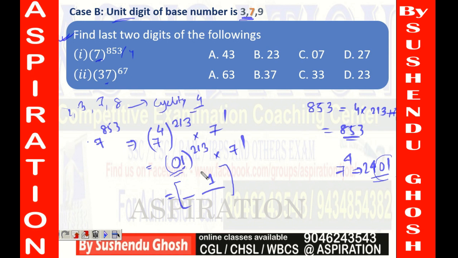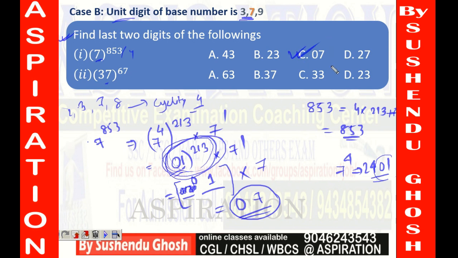Now what will be the 10th digit of this number? We have to multiply 0 into 213, and we have to take only the unit digit, and what will be the unit digit? 0. So the last two digits of this whole number is 01. Then we are multiplying this number with 7, which will give you 07 as the last two digits of the complete number. So the last two digits of this number is 07. Option C is correct.